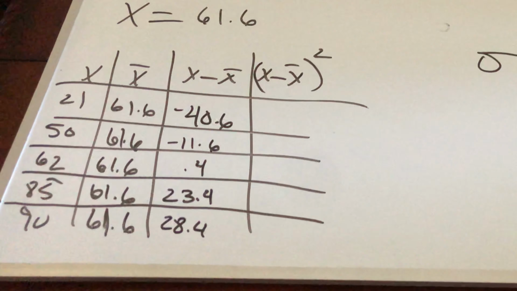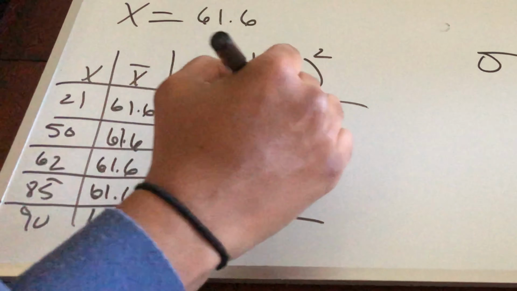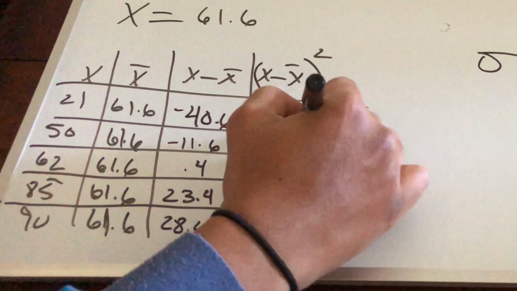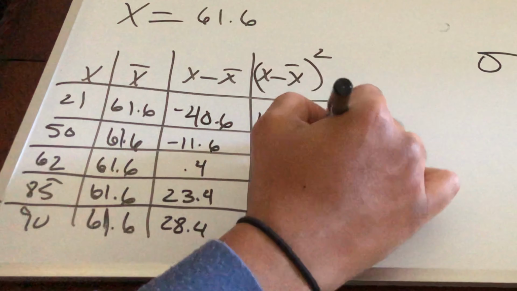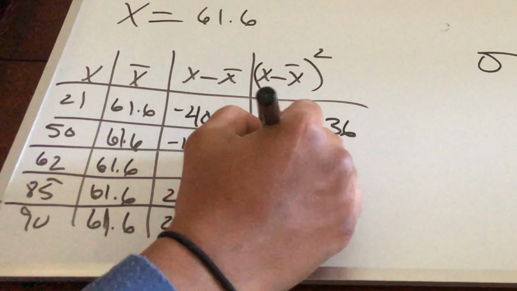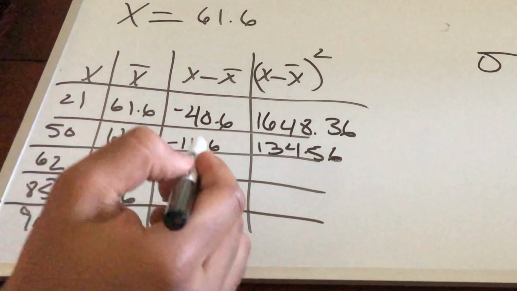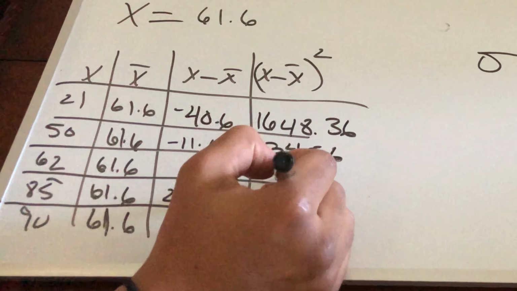Now, what you're going to do is square all these numbers. So negative 40.6 times negative 40.6 is 1,648.36. Negative 11.6 times negative 11.6, you're going to get 134.56. Now 0.4 times 0.4, you're going to get 0.16.